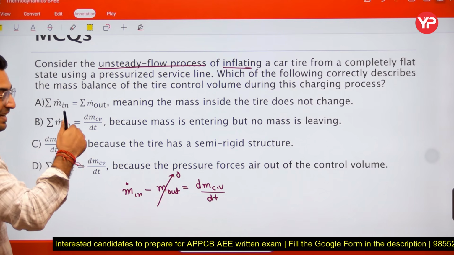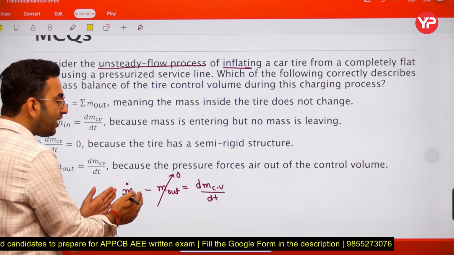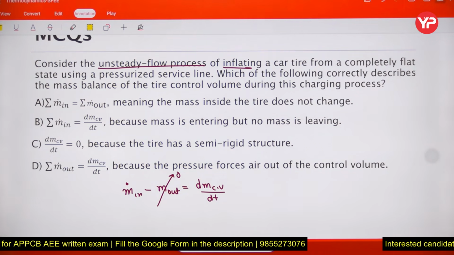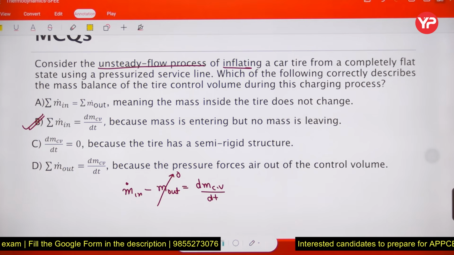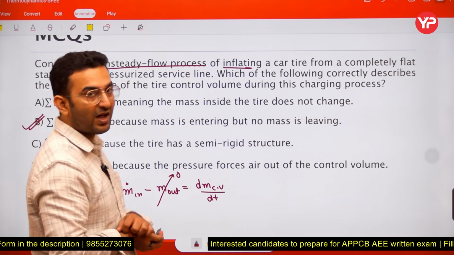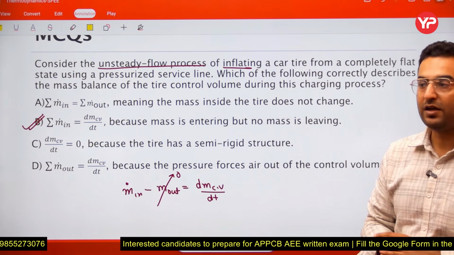There is no mass leakage taking place. So I can say all the mass which is getting entered into the system is going to increase the mass inside the control volume. Now you can see option number B is going to be the correct answer. Summation of mass in is going to be equivalent to the rate of change of mass inside the control volume, because there is no mass leaving the tire.